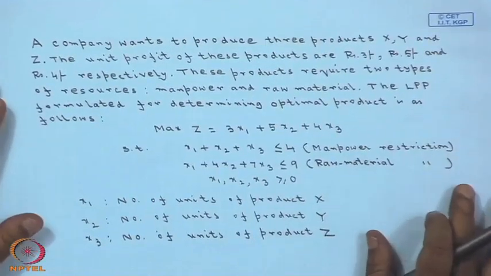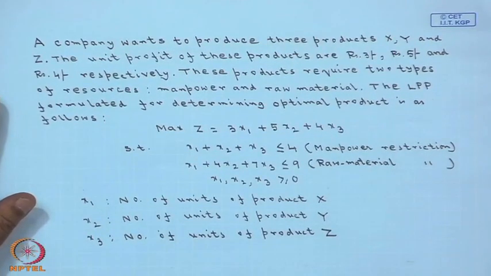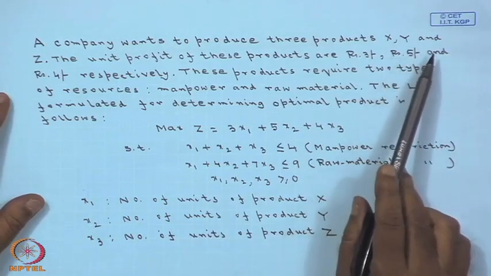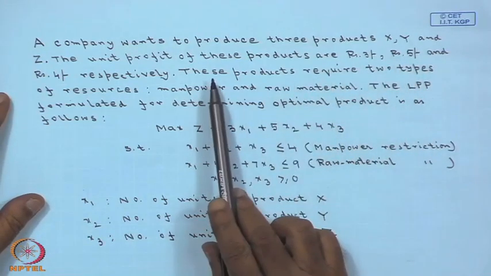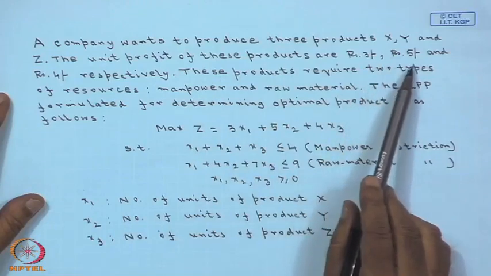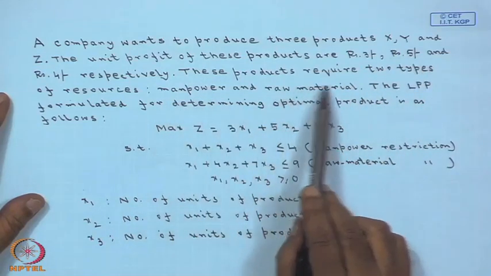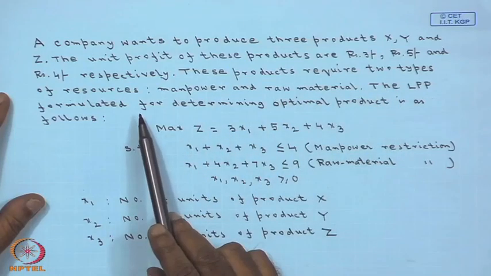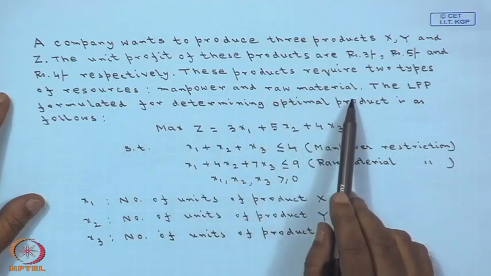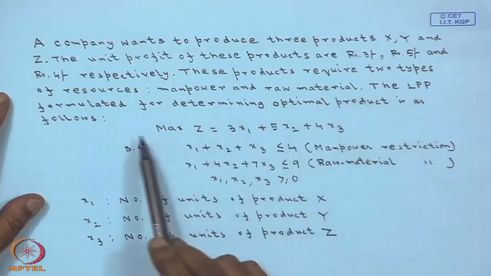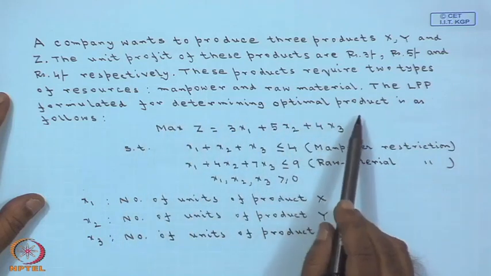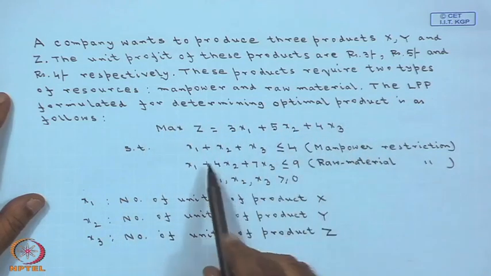Just see this problem. A company wants to produce 3 products X, Y and Z. The unit profits of these products are rupees 3, 5 and 4 respectively. These products require 2 types of resources, manpower and raw material. The LPP formulated for determining the optimal product mix is as follows.